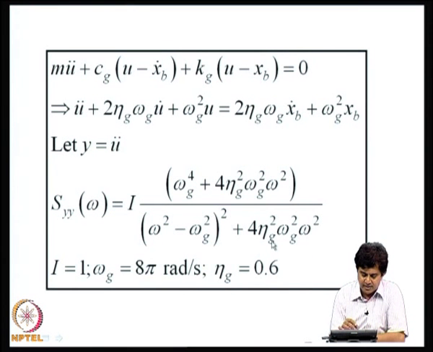So, the idea here is that the soil layer overlying a bedrock is modeled as a single degree of freedom system with damping eta g and natural frequency omega g, and it is subjected to a white noise acceleration at the bedrock level, and the ground surface acceleration is modeled as output of this single degree of freedom system in steady state to the white noise excitation applied at the bedrock level.